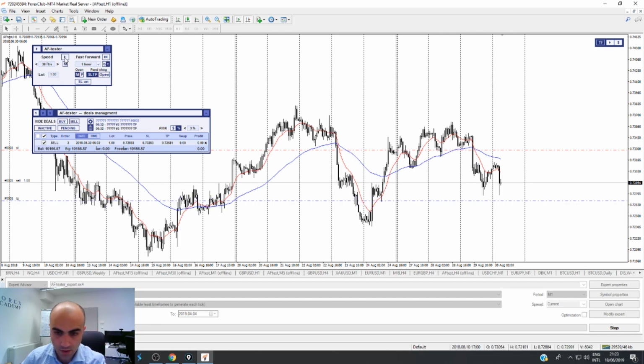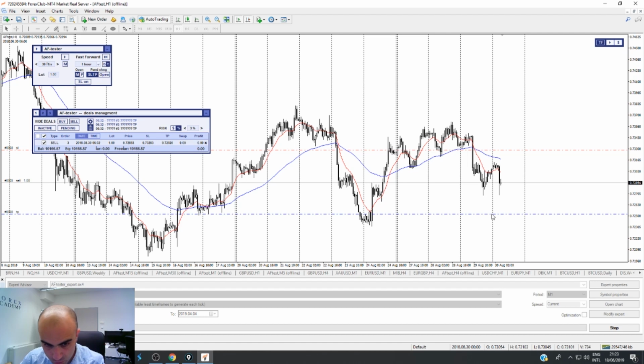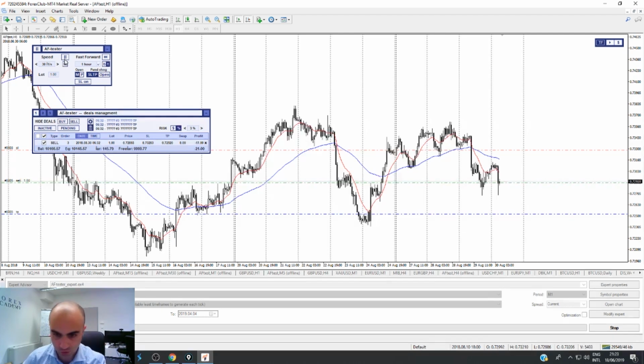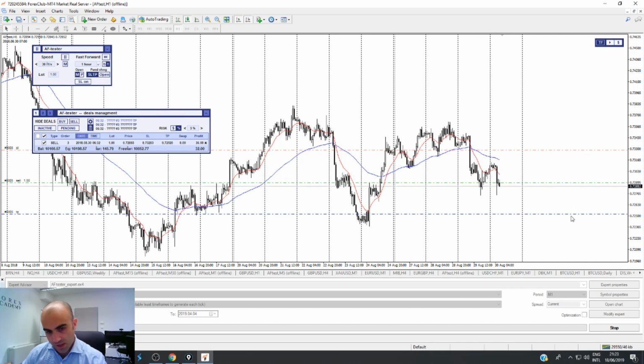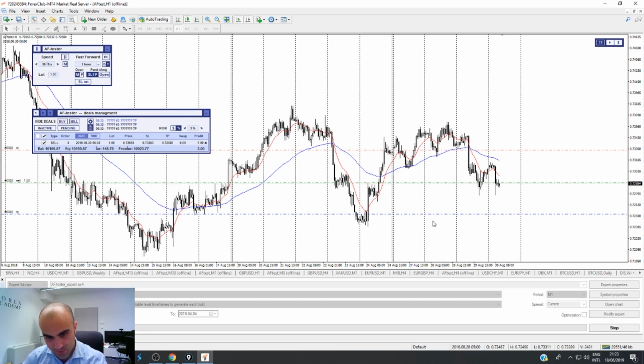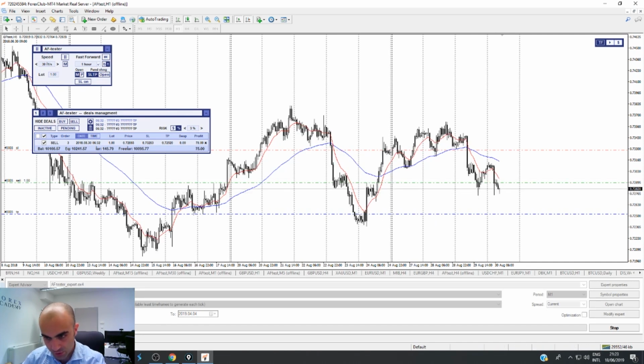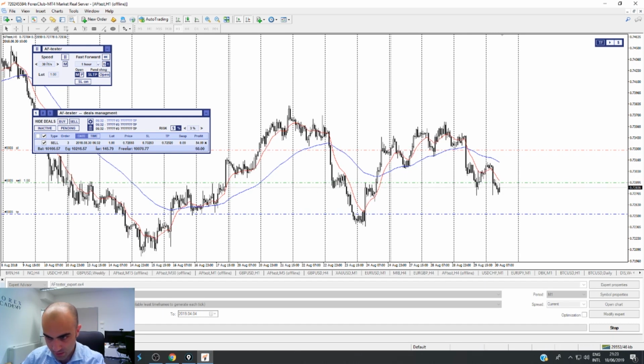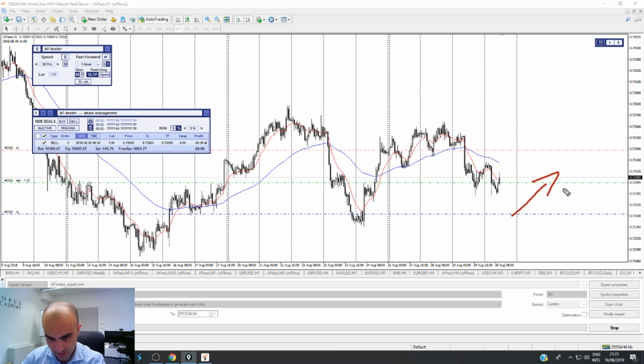We're still on one lot. I believe we can still even move to this support level. I believe price is going to try and break this level, probably going a little bit up on a pullback over here, trying to retest it.